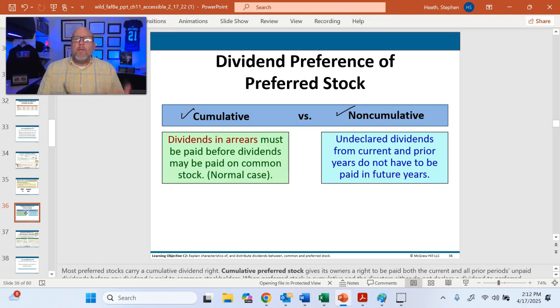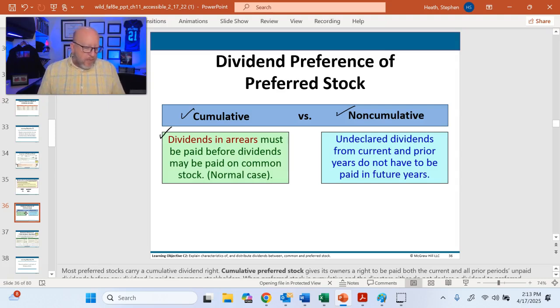And so if I've missed dividend payments in the past, we refer to that as dividend in arrears, right? And it's just a complicated way of saying, hey, there's unpaid bills related to the preferred shareholder dividends that you have to make up, and you have to call it good. If it is non-cumulative, then we don't have to worry about it.